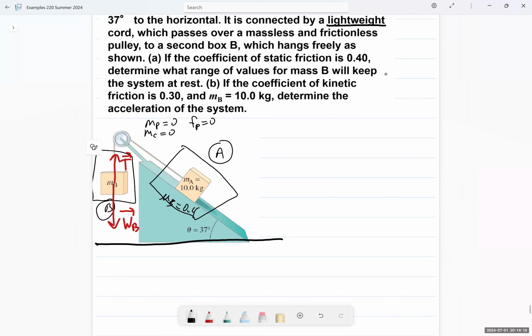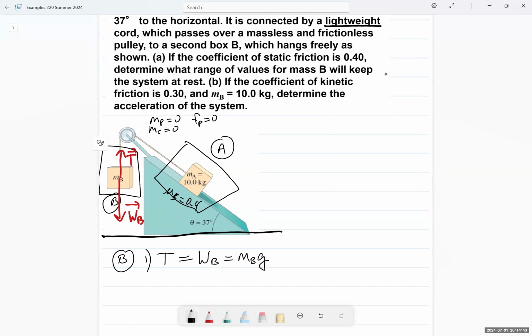Since the system is in equilibrium, it doesn't matter which one is positive and which one is negative. So for system B, the tension equals the weight of B, which equals MBG. Let's call this equation 1. So the tension and weight of B are equal to one another.